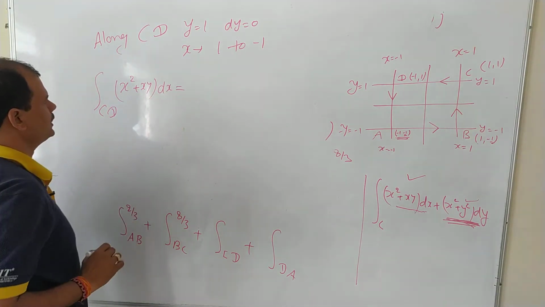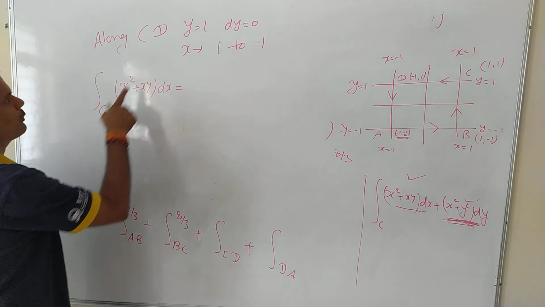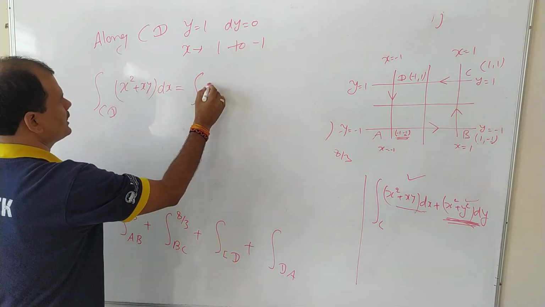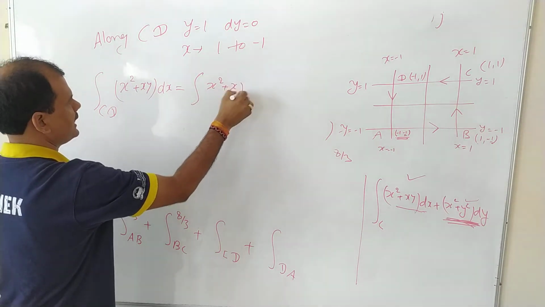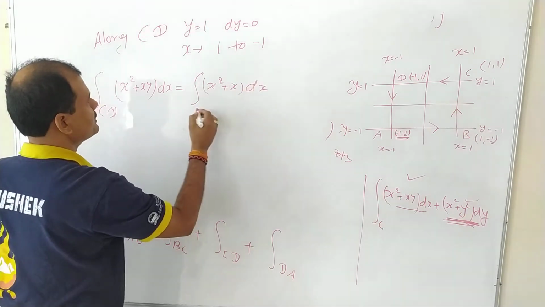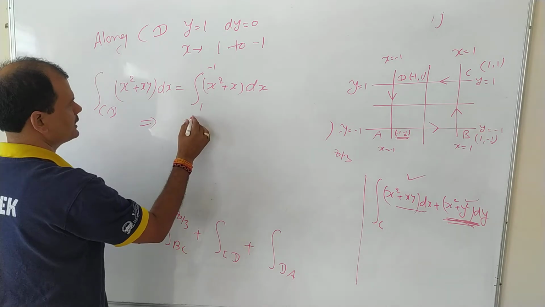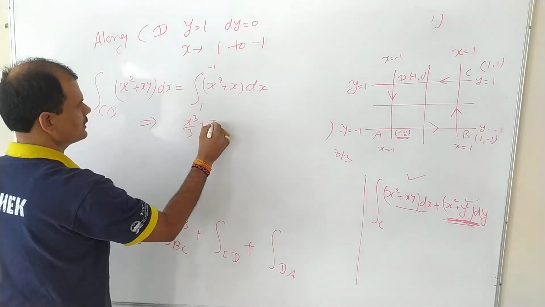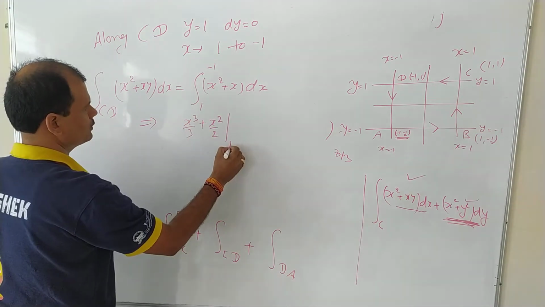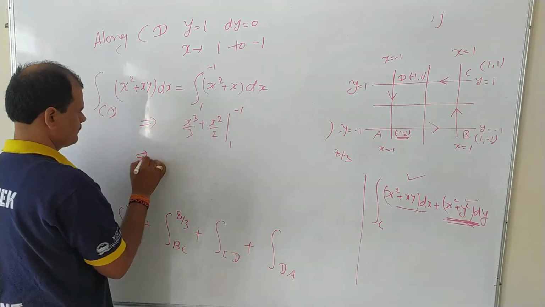Now along CD, y equal to 1 here, so we get x square plus x dx, limit from 1 to -1. Let us integrate: we get x cube by 3 plus x square by 2, from 1 to -1.